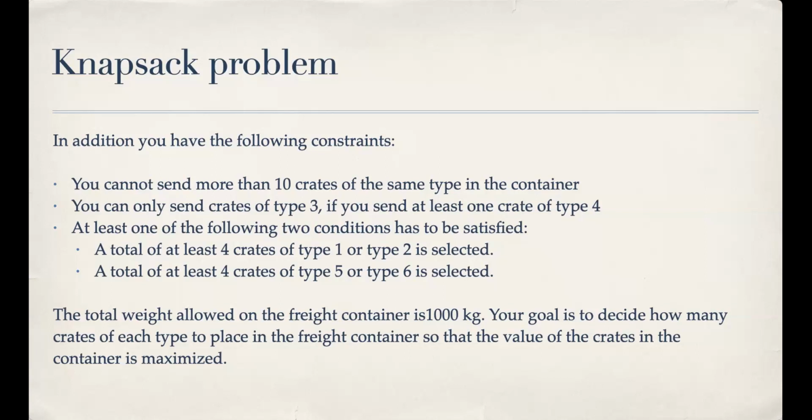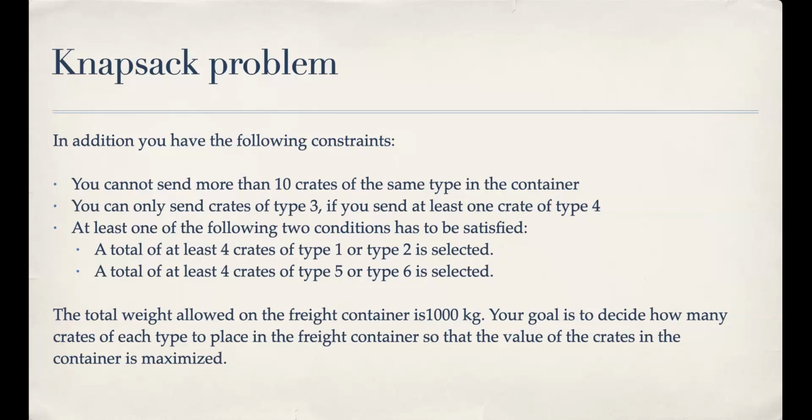Now back to the constraints. We have the following constraints. The first one: you cannot send more than 10 crates of the same type in the container. Imagine that for the container, you cannot have type 1, 11 or 12. You cannot have any type more than 10.